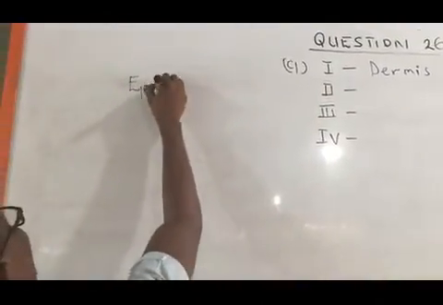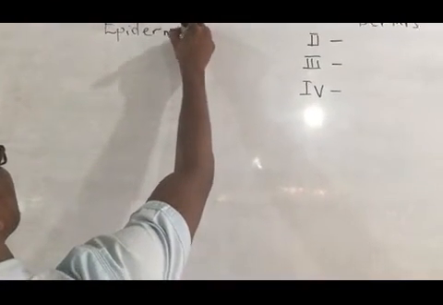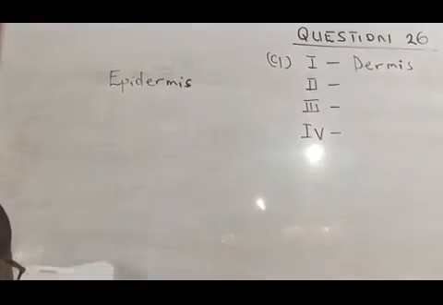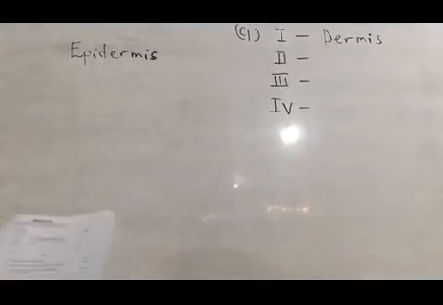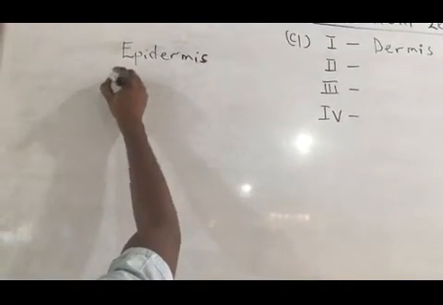So that's the upper part of the skin. If you can see, the epidermis is divided into 3 layers. The upper layer, which is very thin, we call the Malpighian layer.